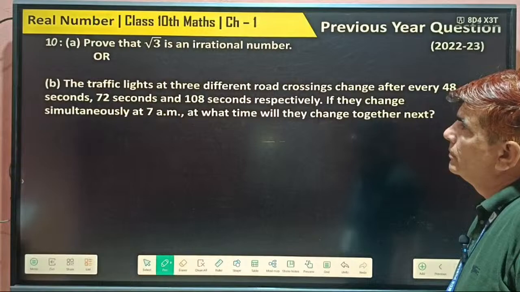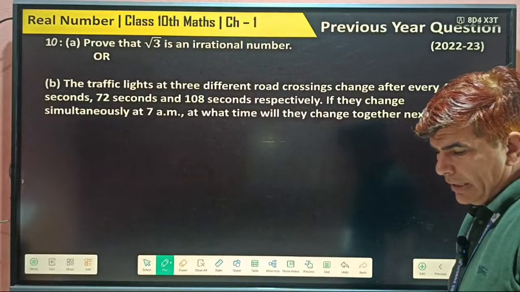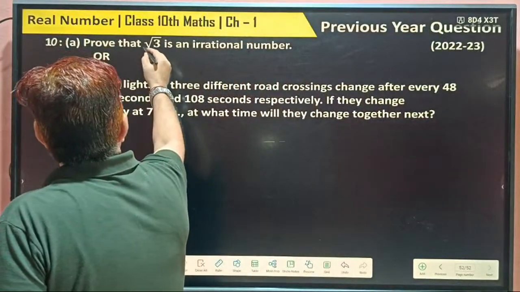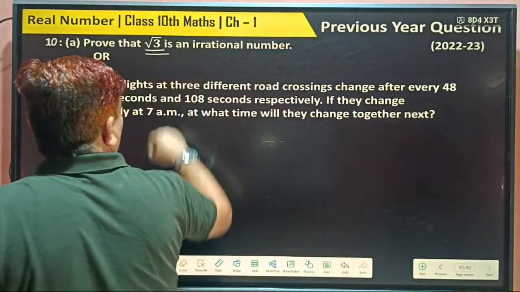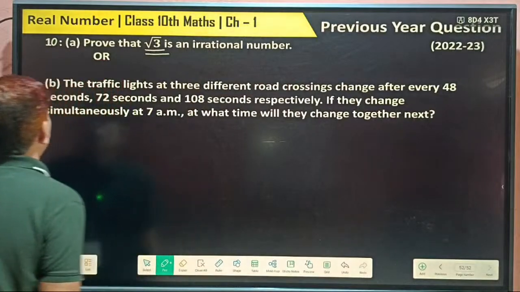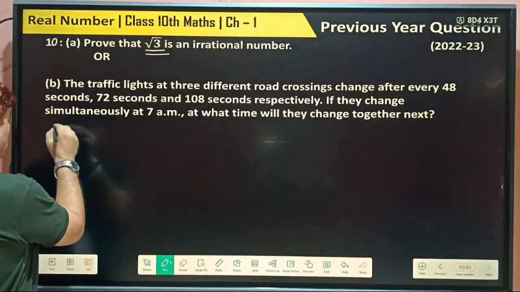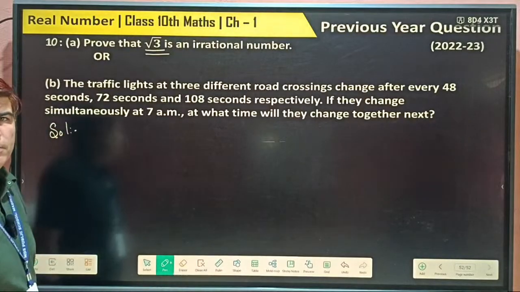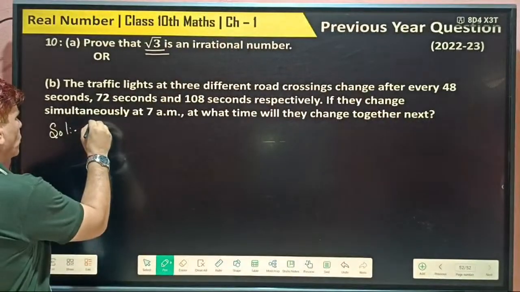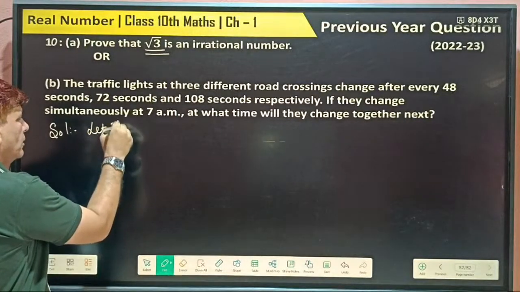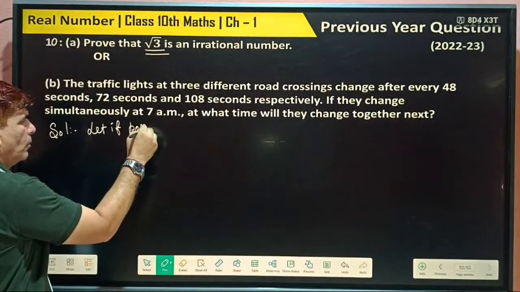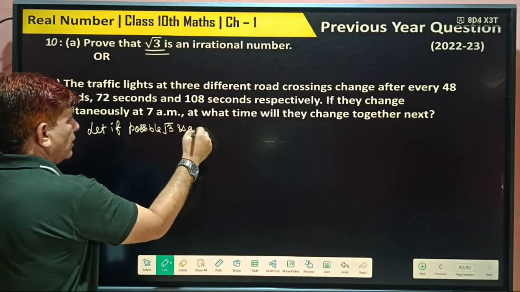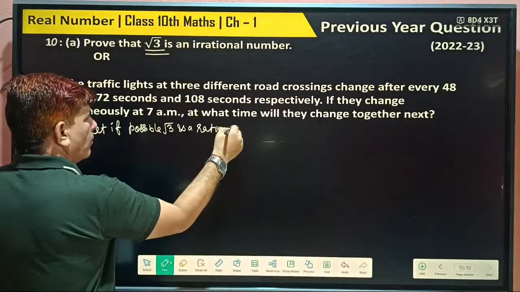Next. I already told you, but I can repeat once again. You have to prove that under root 3 is an irrational number. Solution: same procedure. Let, if possible, under root 3 be a rational number.